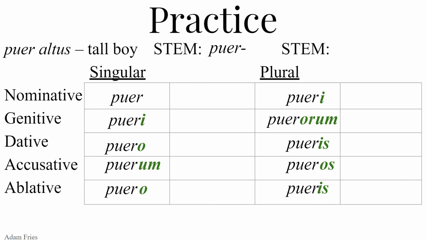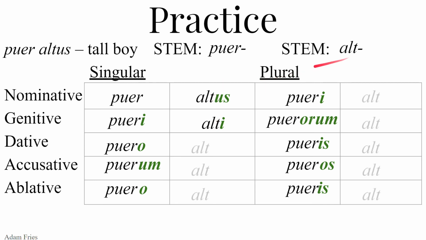Hey, just like the second declension masculine puer. So the nominative is altus, because the dictionary told me so. The genitive will be alti. We chop off the genitive singular. You can also chop off the us masculine to get the stem, and the stem is going to be alt, and we write alt for all the blanks, and then add second declension masculine endings.